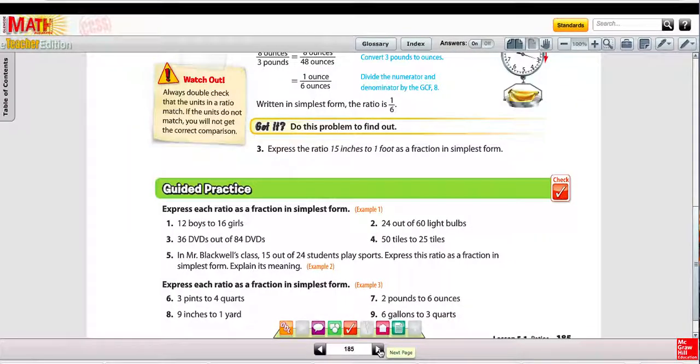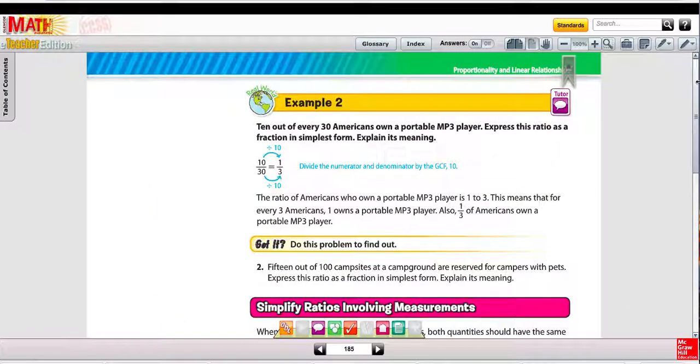On the next page, 185, example 2, we're looking at taking the ratio and expressing it as a fraction in simplest form, also explaining its meaning.